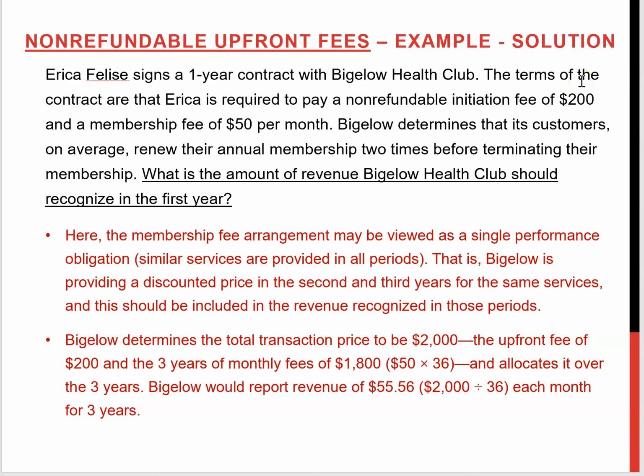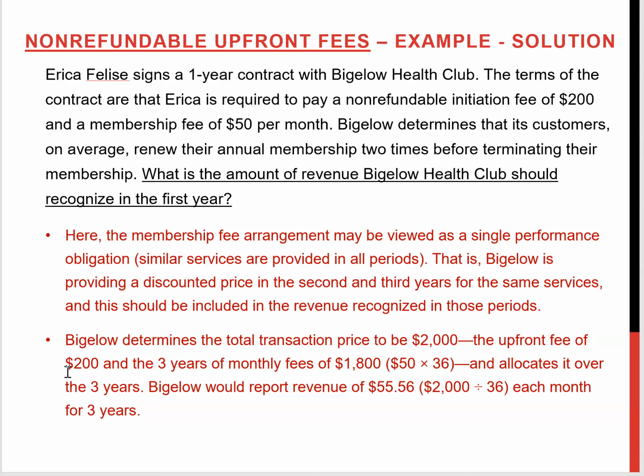Here they estimate that the customer on average will continue for a total of 3 years: the first year, and then additional renewals 2 times. So the monthly fees for the total 3 years will be 50 times 36, which is $1,800. And then you have these $200 upfront fees.